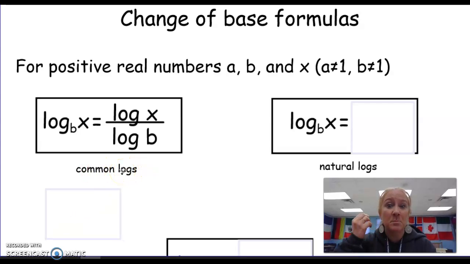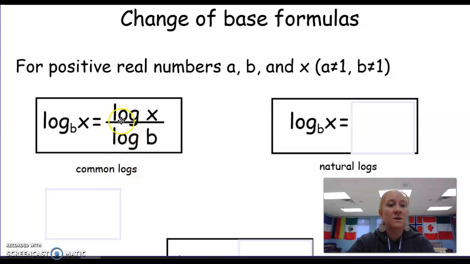I have the common log button in there, just the regular log button. So I take the big number that goes on top, and the little one, the base, goes on the bottom. So say for example it was log base 6 of 4, then you would have log of 4 over log of 6, and you could find the fraction or the decimal that comes out of that.